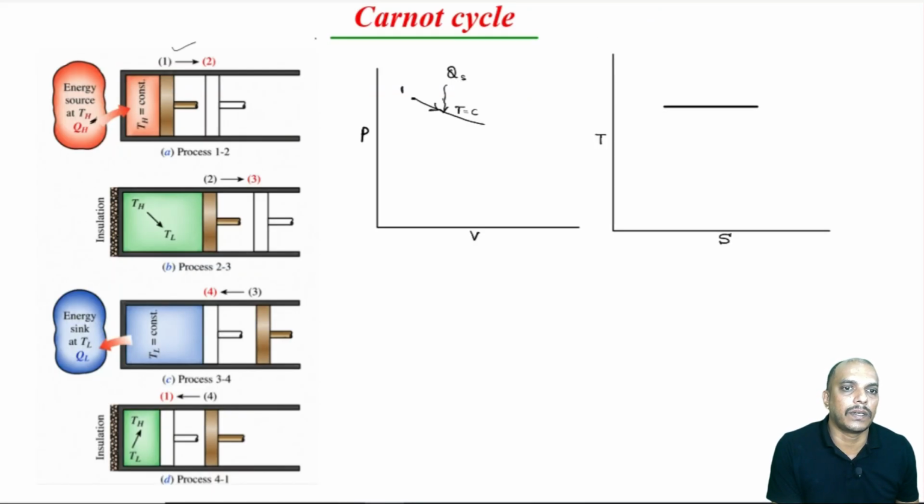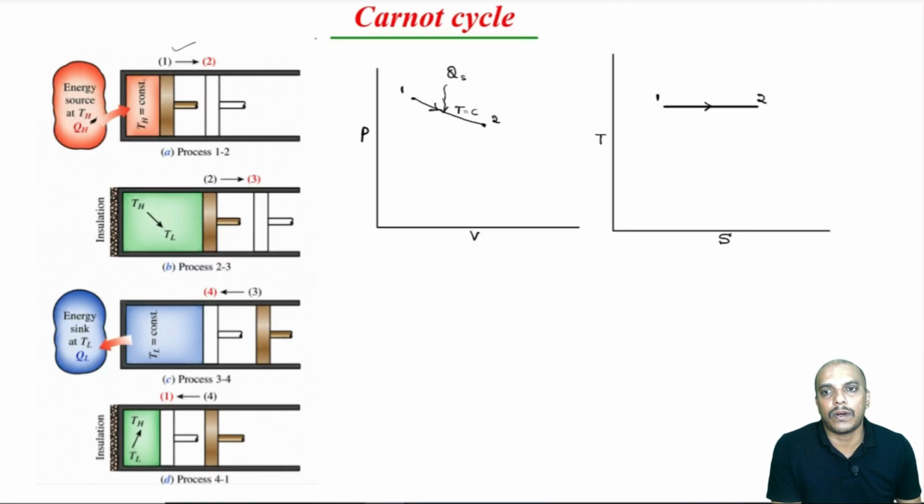So, heat addition is at constant temperature. In a TS diagram, constant temperature will be a horizontal line towards the right, because entropy increases with the addition of heat. Now, one can argue, even though we are adding heat, why is the temperature not changing? That is what we are saying: even though we are adding heat, the temperature remains constant.